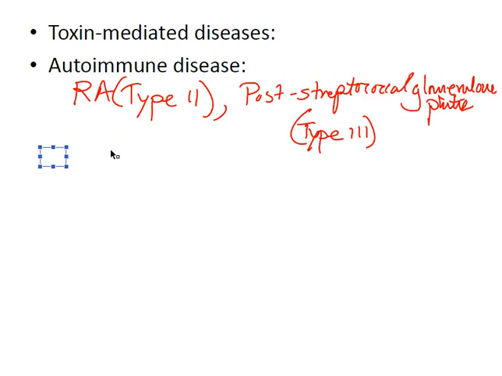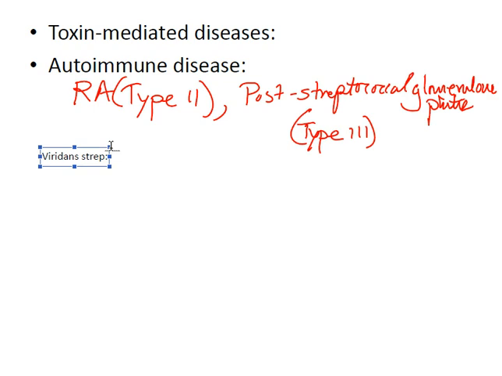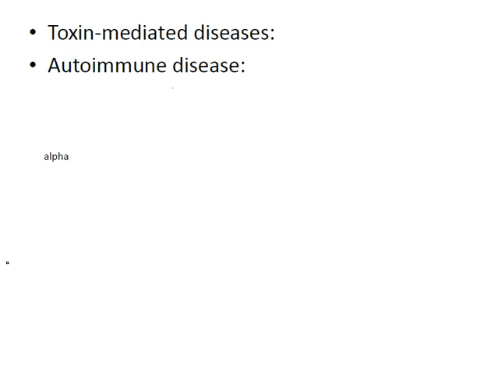So we have Viridans strep, which is alpha hemolytic, optochin resistant, no polysaccharide capsule, and it's not bile soluble.